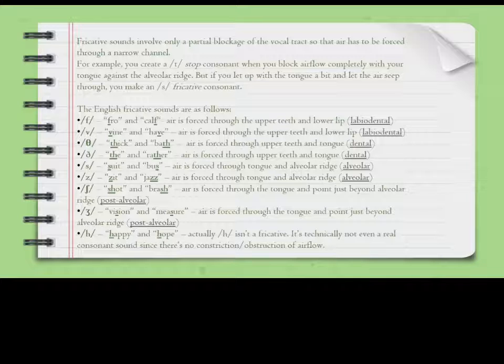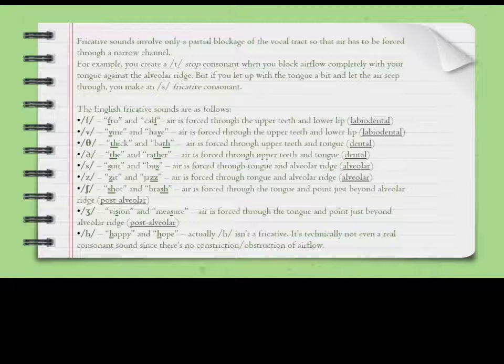Second one is v, as in vine and have. Air is forced through the upper teeth and lower lip, labiodental.